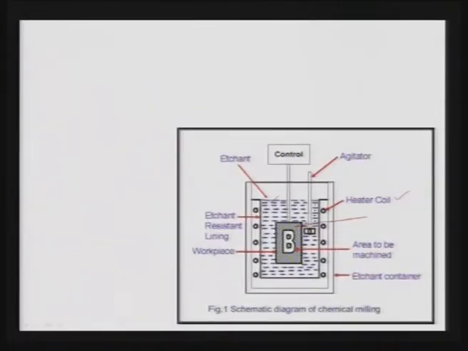Hence, the dissolved material or reaction products formed due to the chemical dissolution of the workpiece should be removed quickly from the area where machining is taking place, and for that purpose you have the agitator here. Once dissolution starts, the agitation of the etchant should keep going on, so that the concentration of the reaction products is not high in the area surrounding the area which is to be machined, say letter B in this particular case.